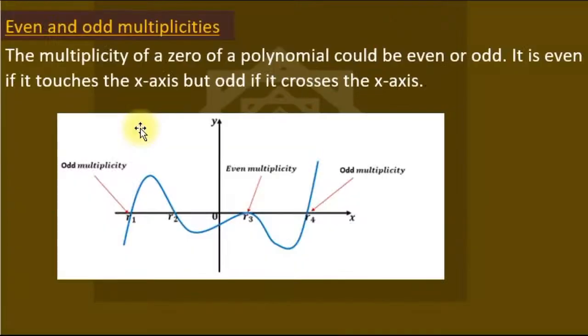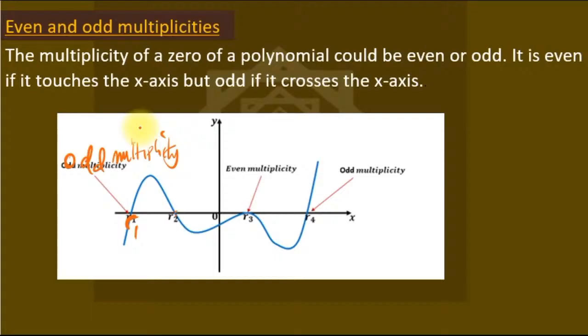The multiplicity of a zero of a polynomial could be even or odd. It is even if it touches the x-axis, but odd if it crosses the x-axis. As you can see, the first one, r subscript 1, crosses the x-axis, so we have odd multiplicity. This is also odd.